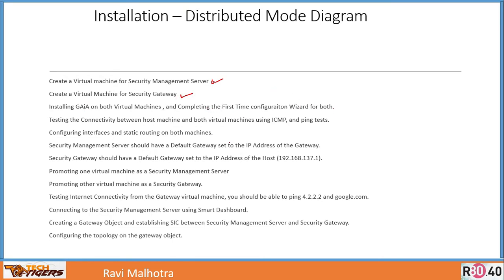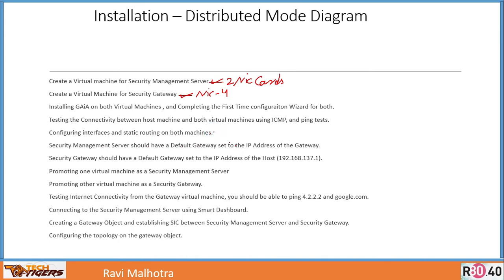I will create security management virtual machine with 2 NIC cards, and I will create security gateway with 4 NIC cards, right? And then I will install Gaia on both of them. I will test the connectivity like ICMP ping. I will configure interfaces and static routing on both the machines.